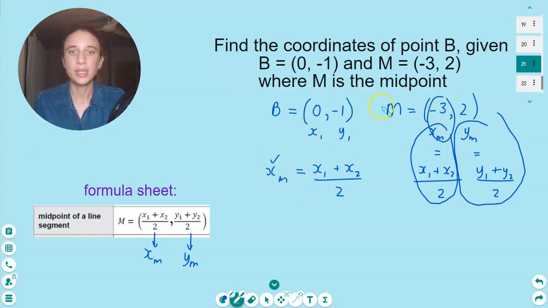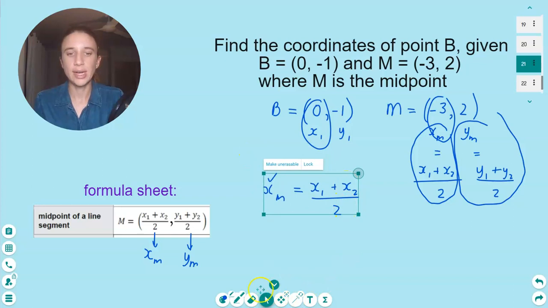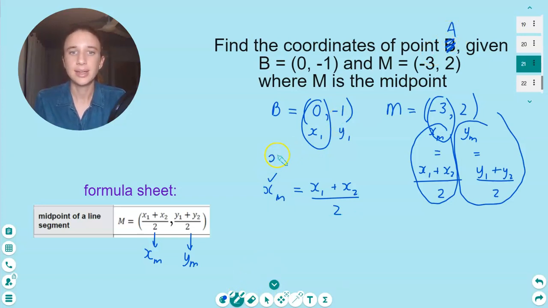I have x1 and I'm trying to find x2. I'm trying to find the x coordinate of point A. Let's just call it x2, y2, and we don't know them.